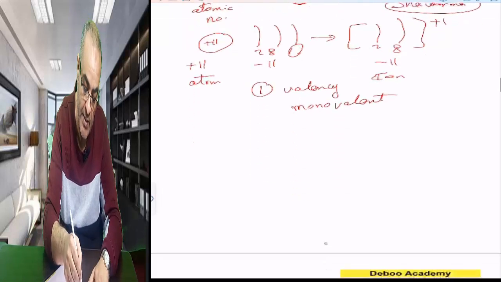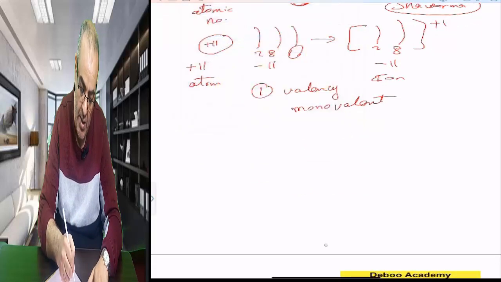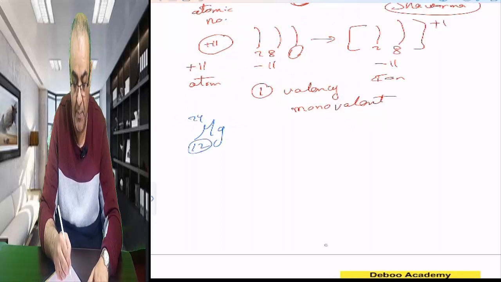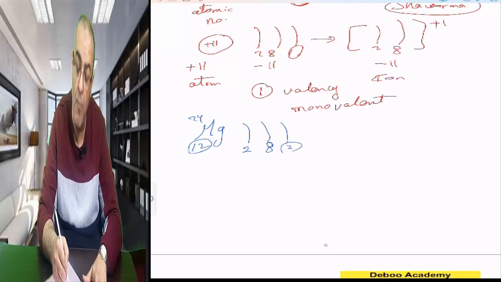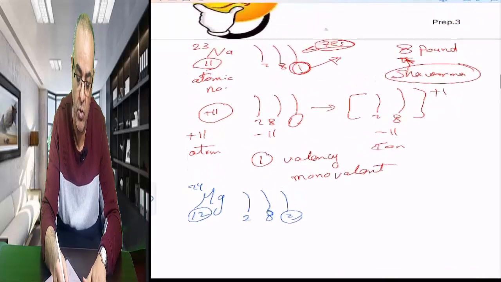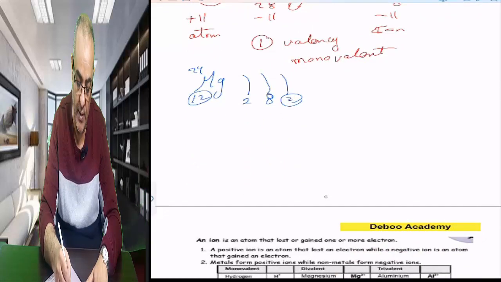Again, another example, if we have Mg 12, 24, we deal here with the atomic number. Distribute the atomic number to 2, 8, 2. If you have 2 pounds from the shawarma, which costs 8 pounds, you will get rid of these 2 electrons.